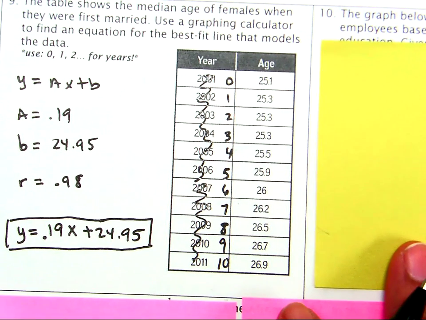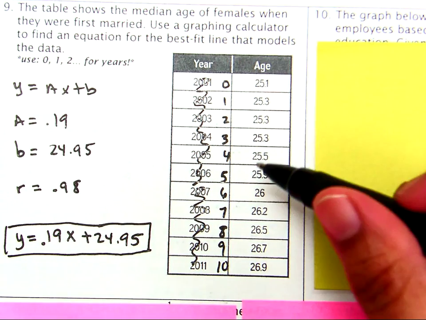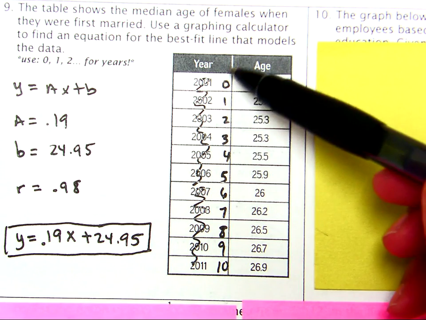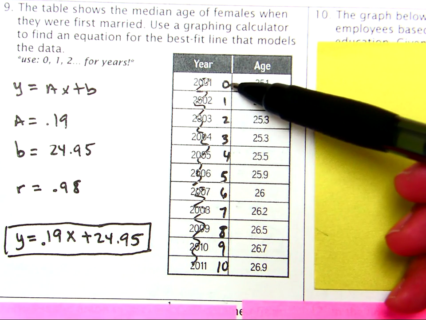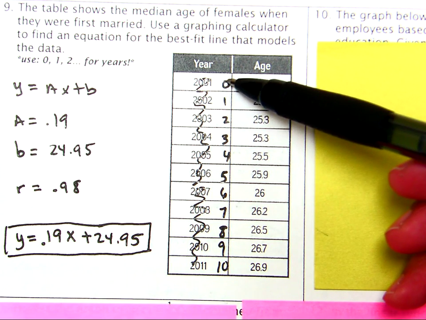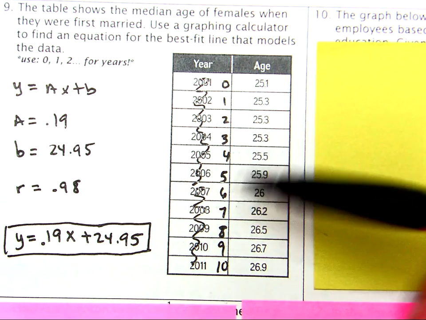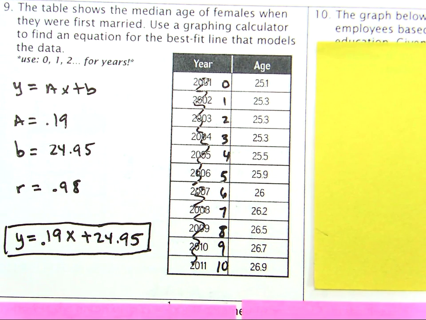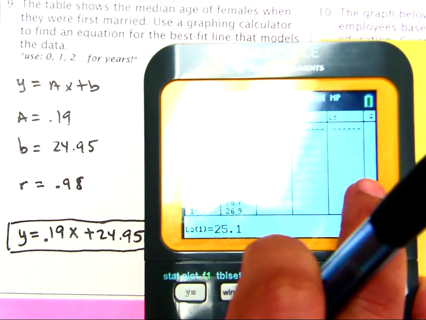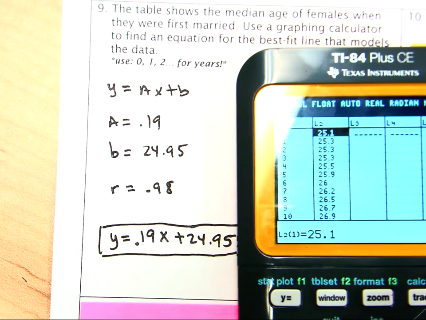Alright, so when we talked about this yesterday, I told y'all that when you have years, you want to make sure your very first year listed is year 0 and then it continues. I've already entered some of this into the calculator. So if you look, here's the calculator.